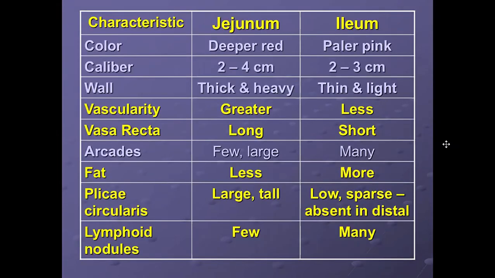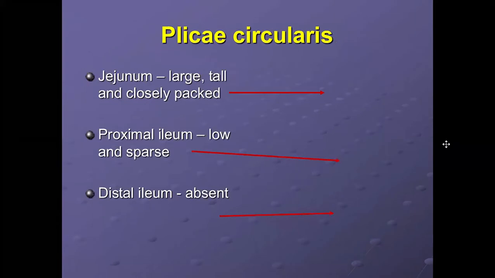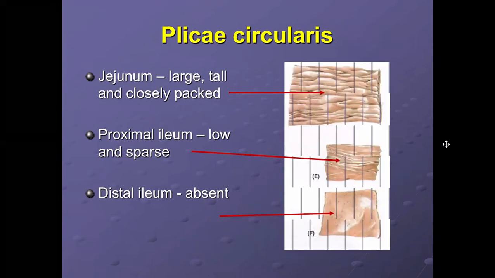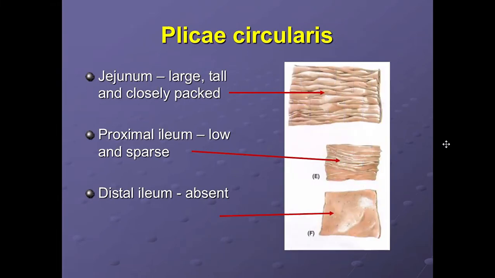Now, characteristics of the jejunum and ileum. I know you have studied this already in anatomy. So we'll go to the other part. The plicae circulares, you know this already, are large, tall, and closely packed in the jejunum. There you are if you dissect it. In the proximal ileum, low and sparse.